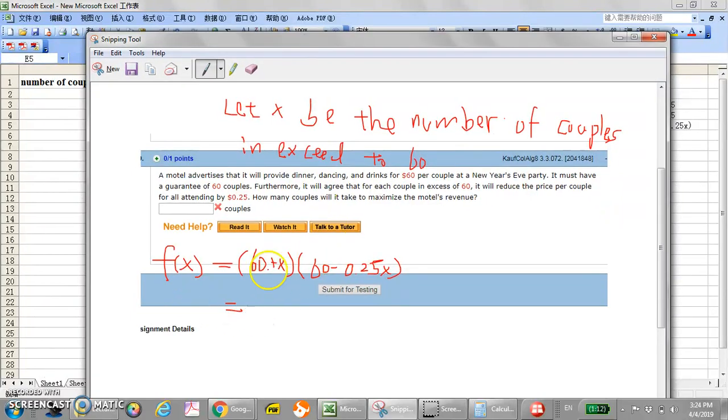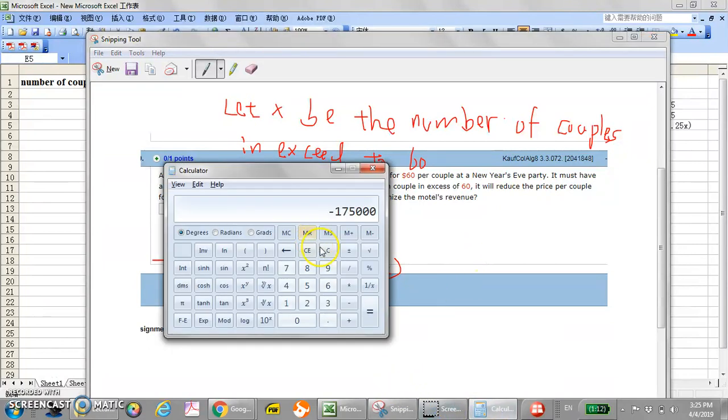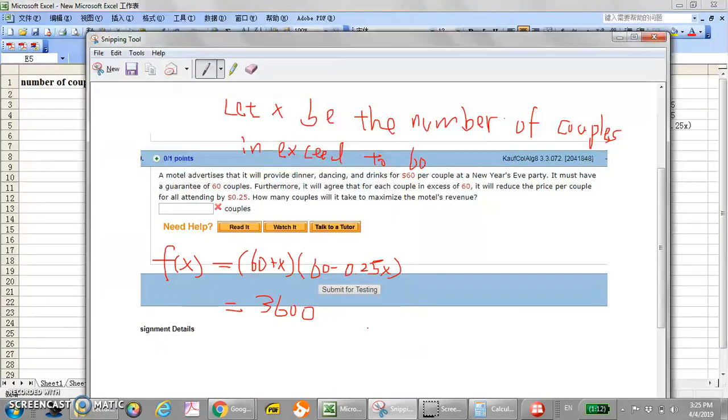Now, if we simplify this function, 60 times 60 is 3600, and 60 times negative 0.25x gives you minus 15x, and then x times 60 gives you plus 60x, and then x times negative 0.25x gives you minus 0.25x squared.